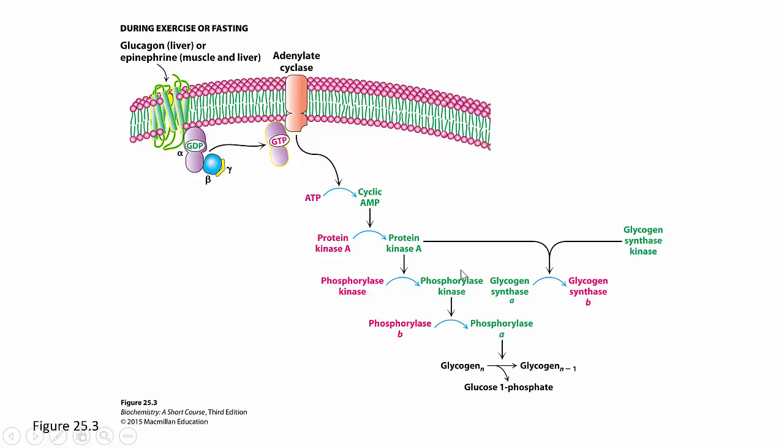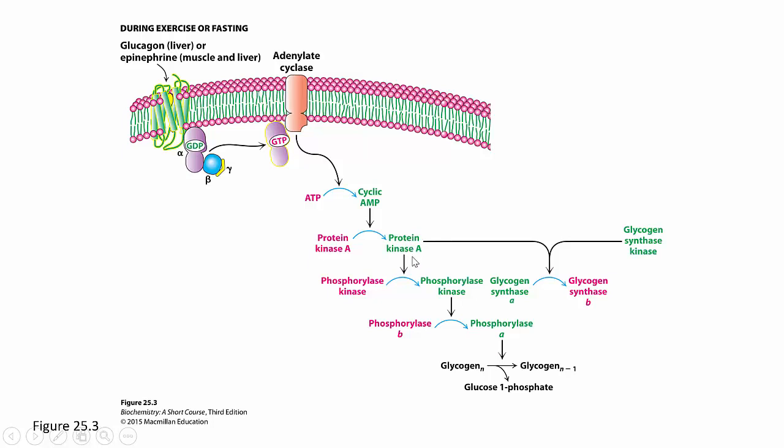Okay, so basically these are all activated by phosphorylation. So the pathway that I just described will show how glycogen breakdown occurs.